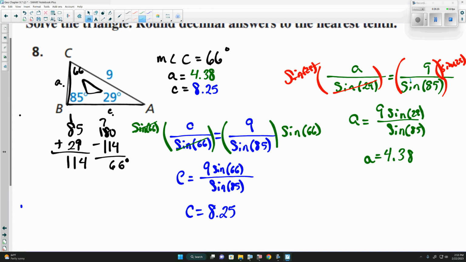If one angle is really smaller than the rest, we expect the side length to be decently smaller than the rest. 66 and 85 are decently close together. So side length 9 and side length 8.25 kind of makes sense that they're close together. It won't always be proportional, but if the angles are close, the sides will be close. If the angles are farther apart, the side length should be farther apart.